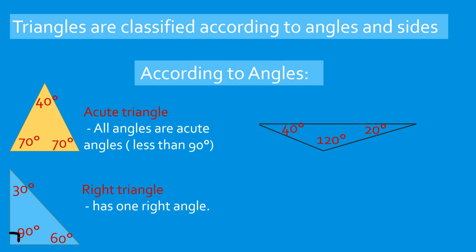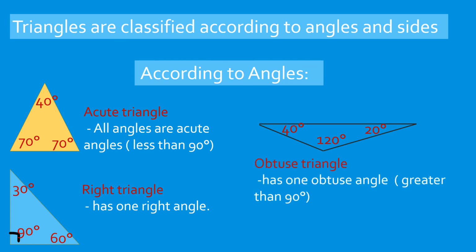This kind of triangle wherein one of the angles is greater than 90 degrees is what we call an obtuse triangle. Again, an obtuse triangle has one obtuse angle.